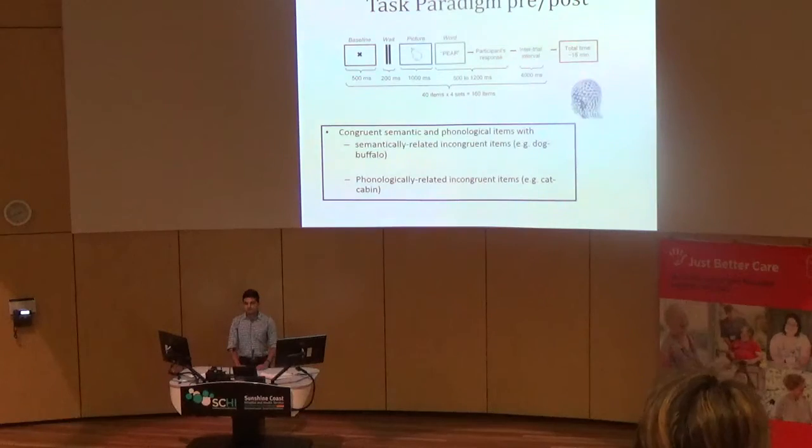It was a simple picture word task involving semantically related incongruent and congruent items, and also phonologically related incongruent and congruent items. Participants, both controls and people with aphasia, had EEG recorded while they performed this task, and their responses were recorded and analysed.